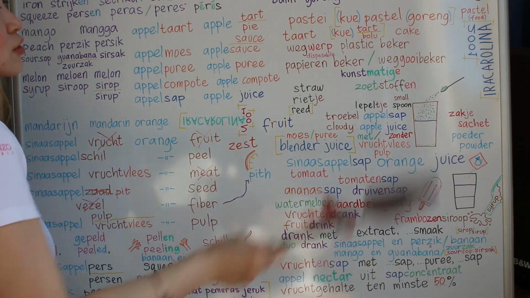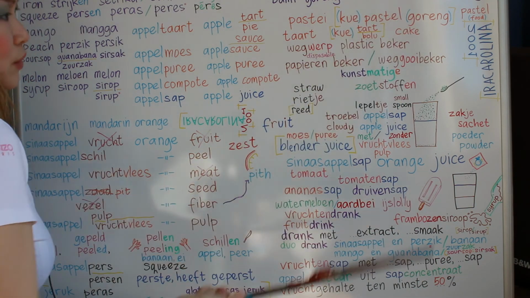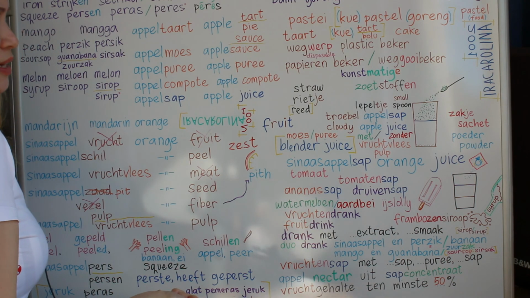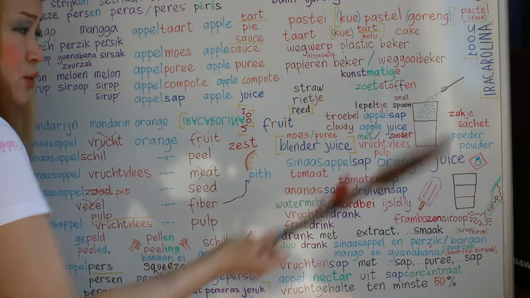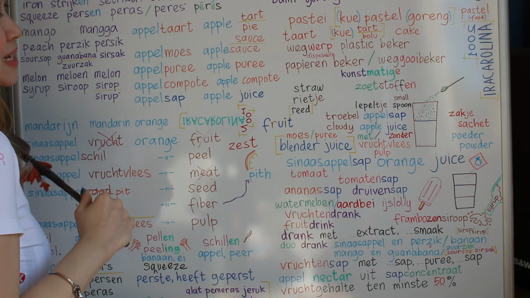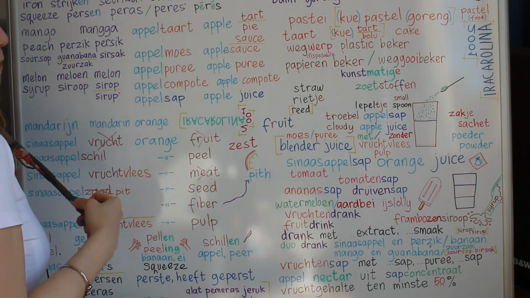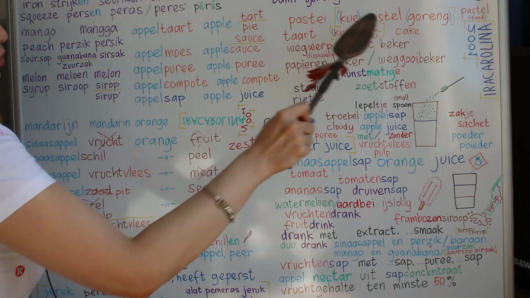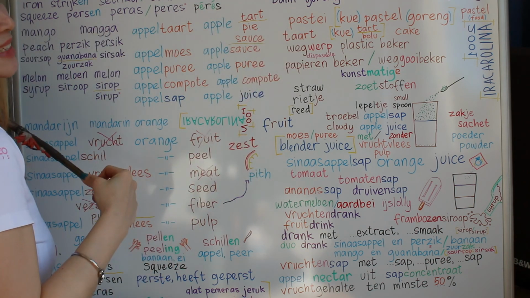Or sometimes we also add goreng, fried, pastel goreng, fried pastel. In other countries, we call it also pastel, but in Dutch, we call it pastei. In Indonesia, pastel. In Dutch, pastei.